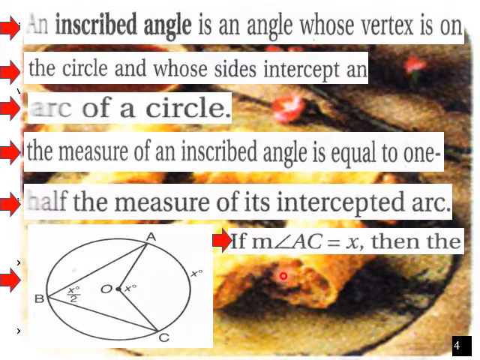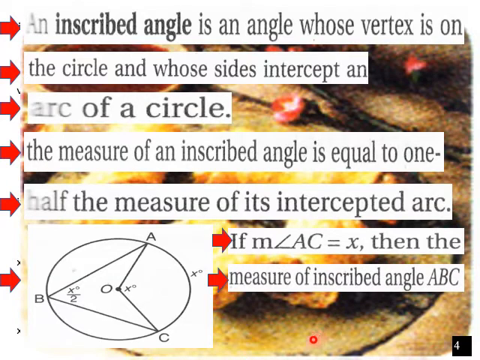So the measure of arc AC, which is here, equals x. The measure of its inscribed angle ABC will be 1/2 of x. So the measure of this angle here would be 1/2 of this arc here.